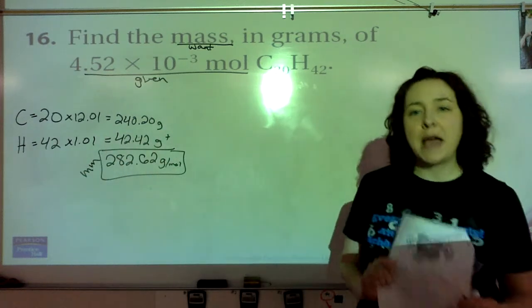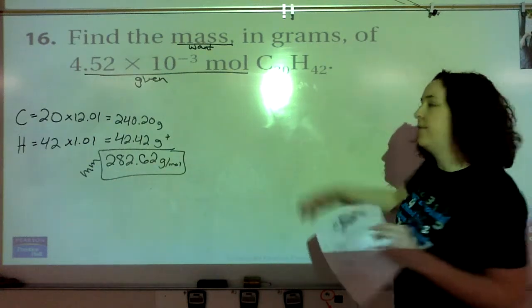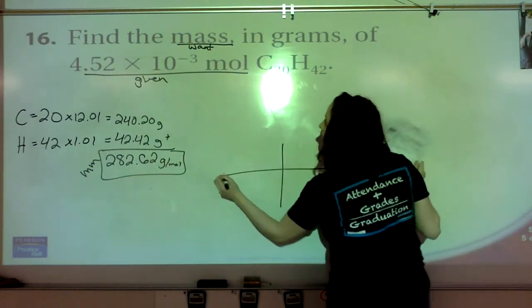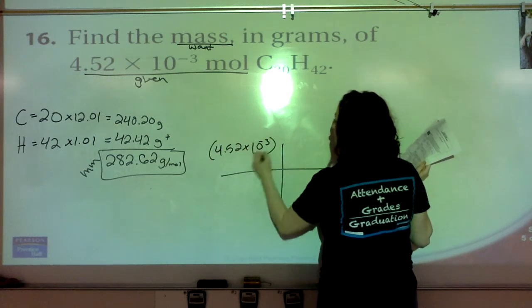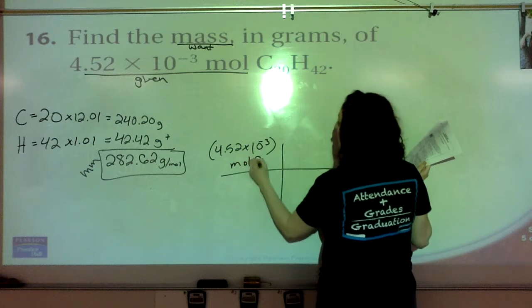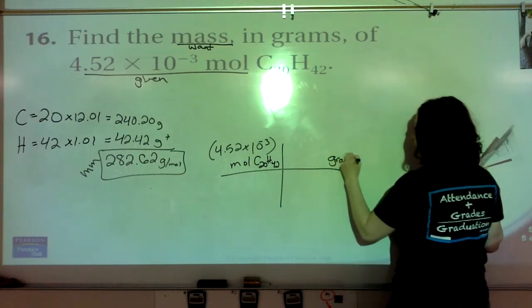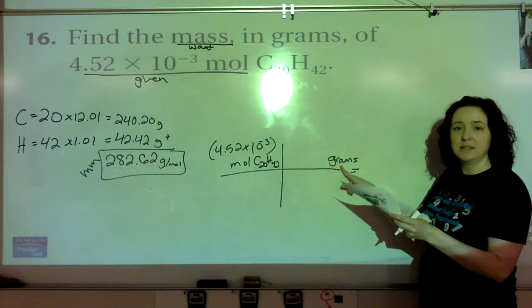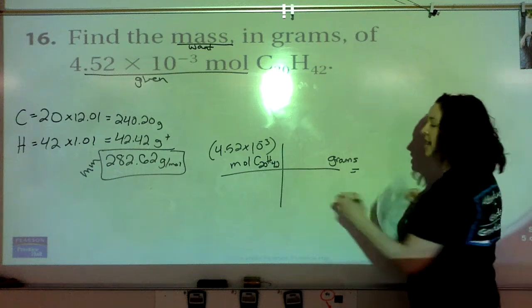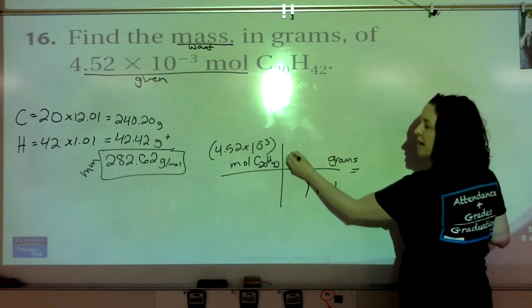Okay, so that's the molar mass, which we're going to need a little bit later. Let's go ahead and fill out our picket fence. Again, we want grams, which is mass. We need moles to cancel out. So 1 mole goes on the bottom, the molar mass goes on top.